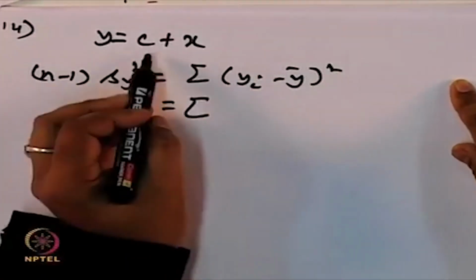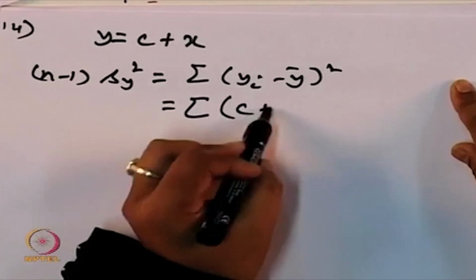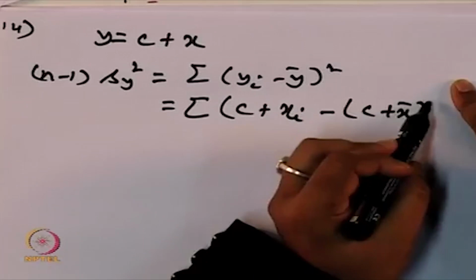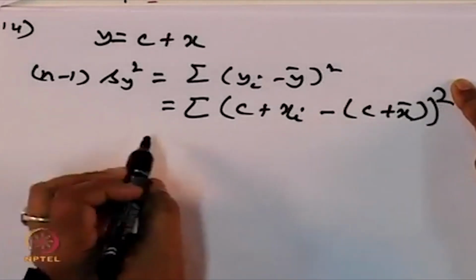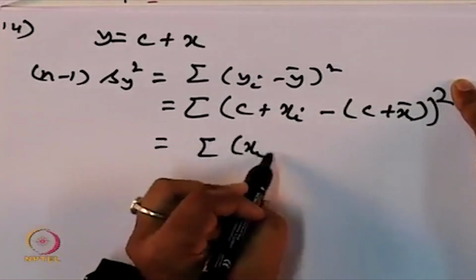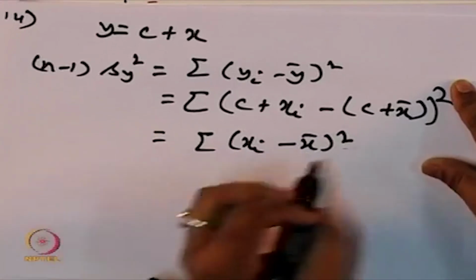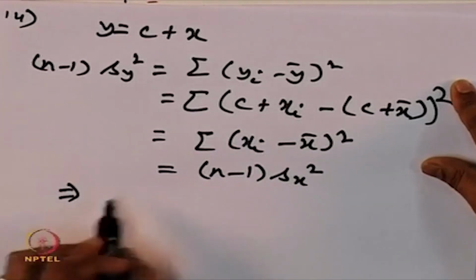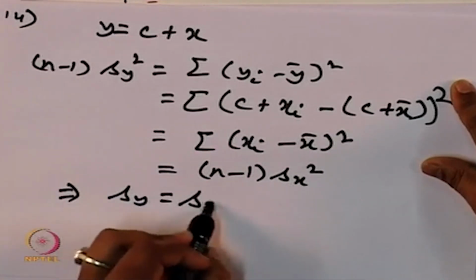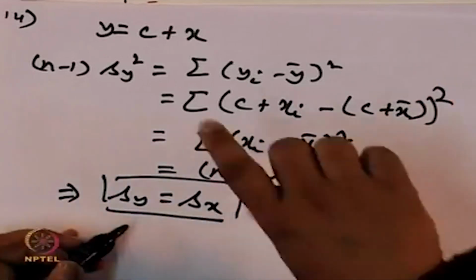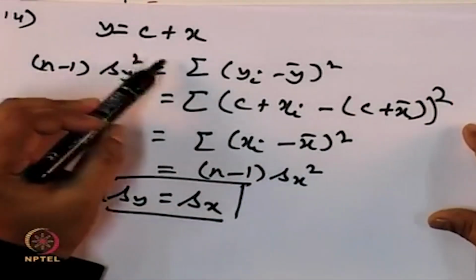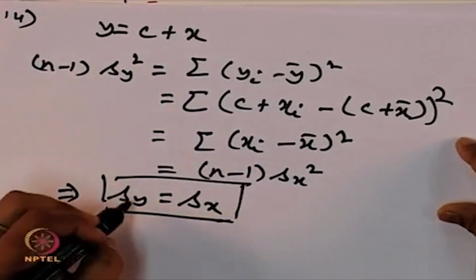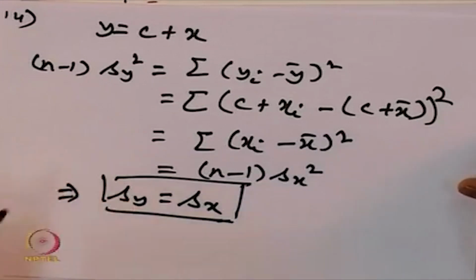But in this case yi is c plus xi and y bar is c plus x bar, so I can deduct c from each, which is nothing but xi minus x bar whole square. So this is n minus 1 into sx square, which gives sy is equal to sx. When a constant is added to the values, it does not change the final standard deviation. In other words, standard deviation is insensitive to any constant being added.